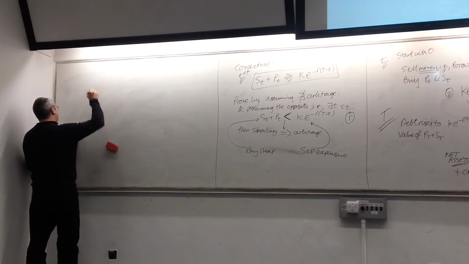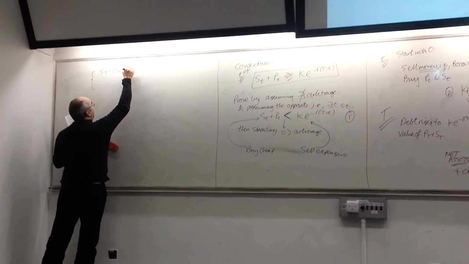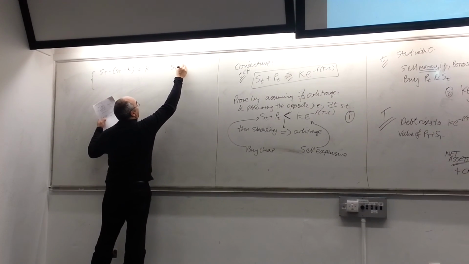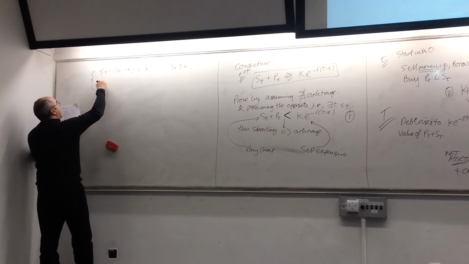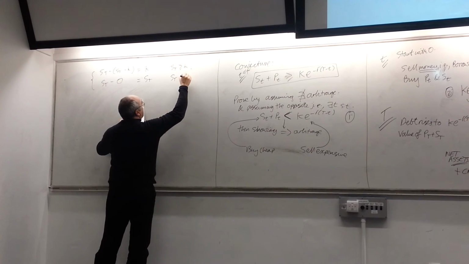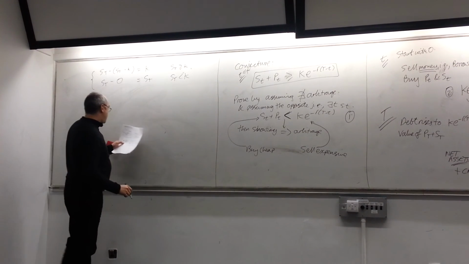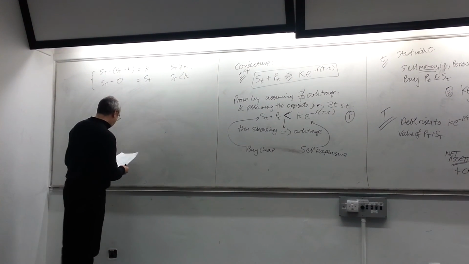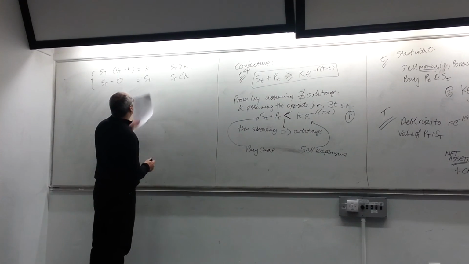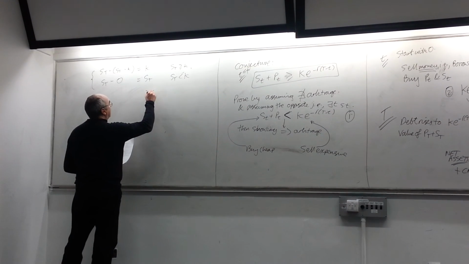So the liability is ST minus K, which is just K, if ST is greater than or equal to K. And it's ST minus 0, which is just ST, if ST is less than K. Of course these are both positive.